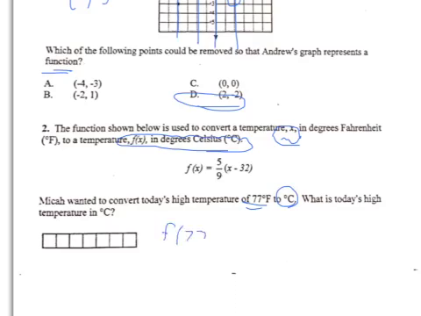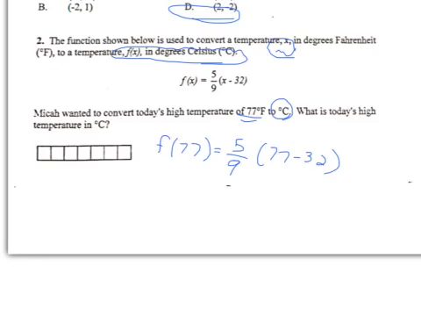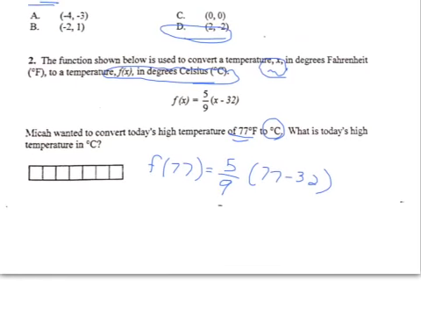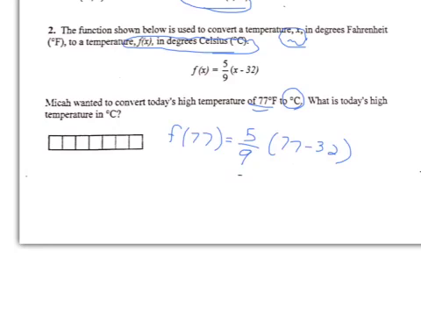So we have f of 77 equal to 5/9 of 77 minus 32. And we go ahead and solve that. So in calculating, we have f of 77 equal to 5/9 of 77 minus 32, which is 45.